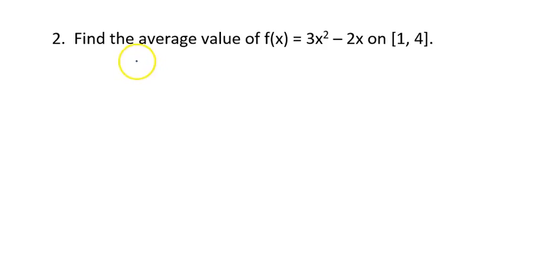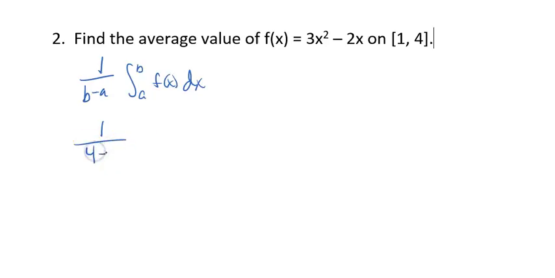Okay, so we'll do an example of the average value. So here I have a function, and I have an interval from 1 to 4. And so our average value formula is 1 over b minus a times the integral from a to b of f of x dx. Again, that is something you have got to memorize. So I take 1, I do 4 minus 1 underneath it.